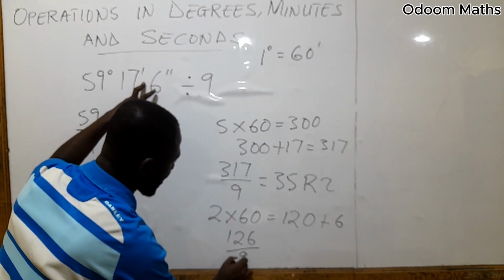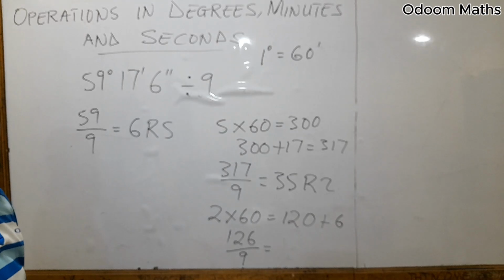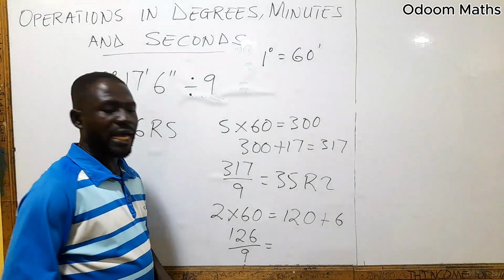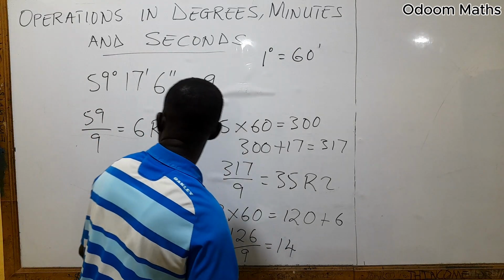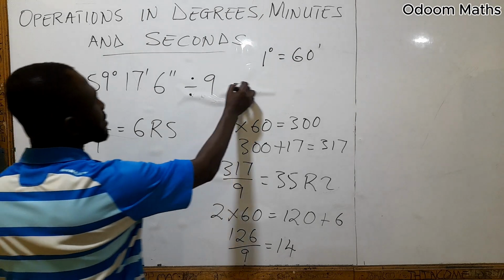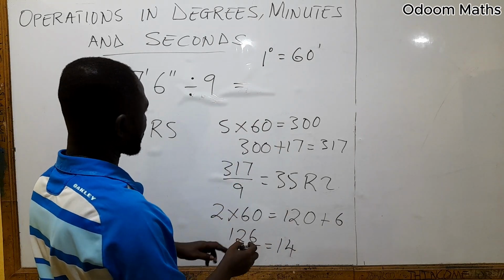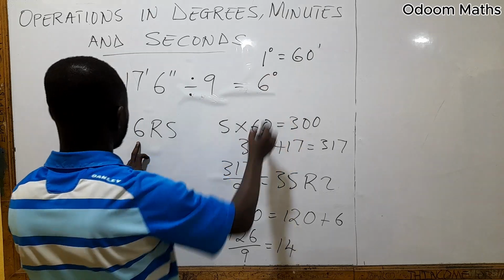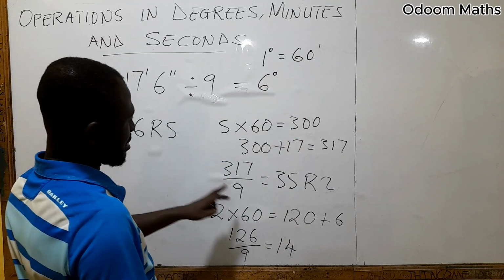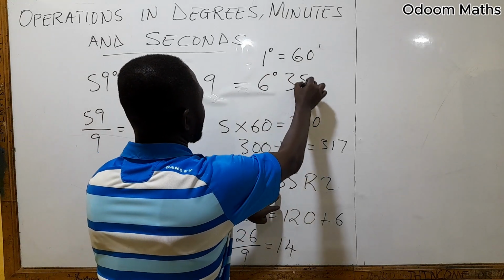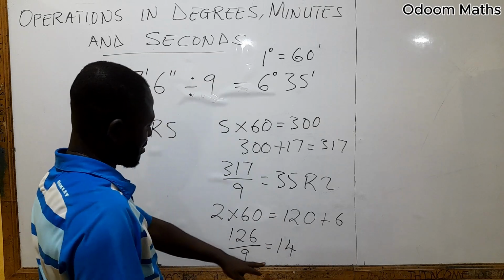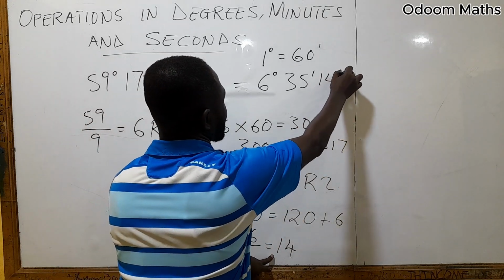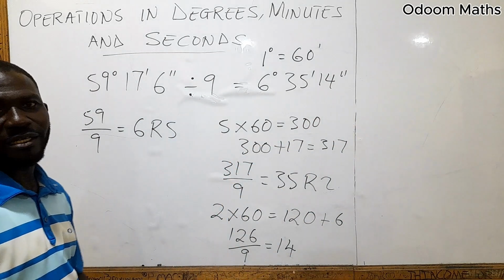Now 126 over 9 is what we have to divide. 126 over 9 is 14. So the answer is 6 degrees, 35 minutes, 14 seconds. That is our answer.